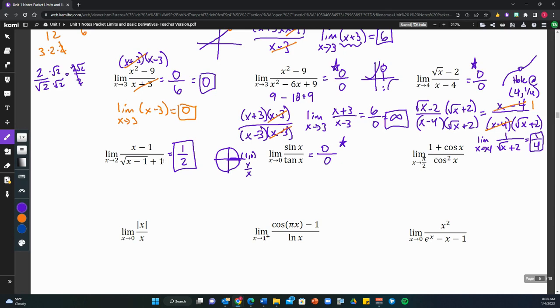This is where your trig identities come into play. You do have to be an expert in some of our trig identities. One of those identities says tangent is equal to sine over cosine. So I can take the original big fraction and rewrite it as sine of x divided by sine of x over cosine of x.